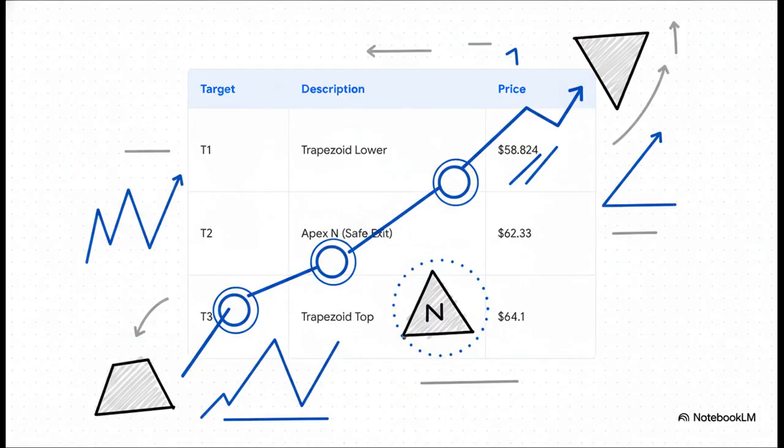The plan doesn't just cover entry and risk, right? It also predefines three different exit targets. Target 1 is set at the lower boundary of that blue shape, the trapezoid. Target 2 is a specific point called apex N, which the documentation refers to as a safe exit. And finally, target 3 is the very top of the trapezoid, and that's marked as the full exit for the entire cycle.